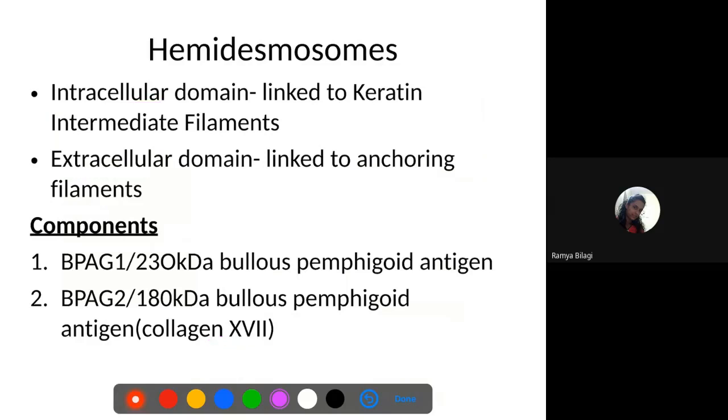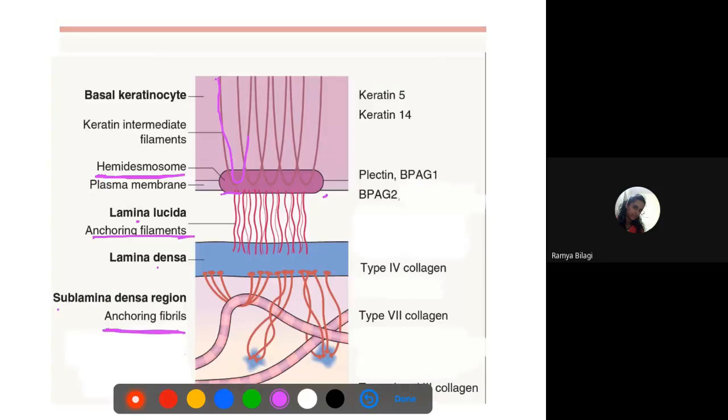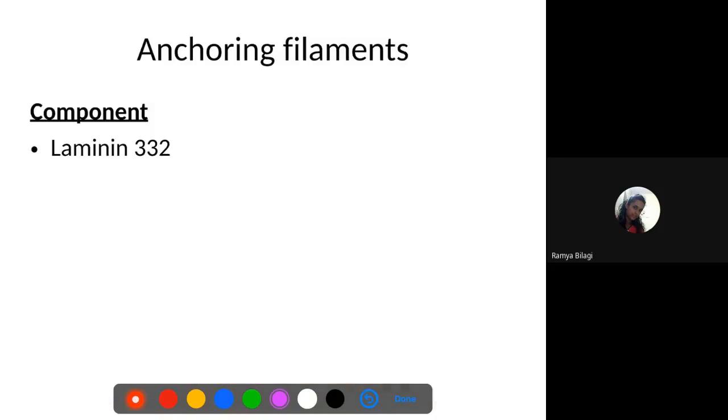Anchoring filaments, these hair-like structures present in lamina lucida, have laminin 332 as the main component. The next layer, in the sublamina densa, connecting lamina densa to the underlying dermis, is the anchoring fibril, and their main component is collagen 7. So anchoring fibril has collagen 7.